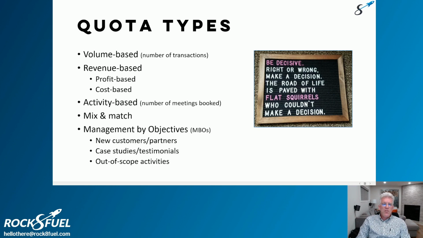And one of my favorites when applied properly is MBOs. An MBO quota item is where you're going to compensate a salesperson based on non-revenue-driven activities. So you can have like 90% of your quota being regular, let's say profit-based revenue, and you're going to set up some MBOs to generate some extra income and also drive company objectives.